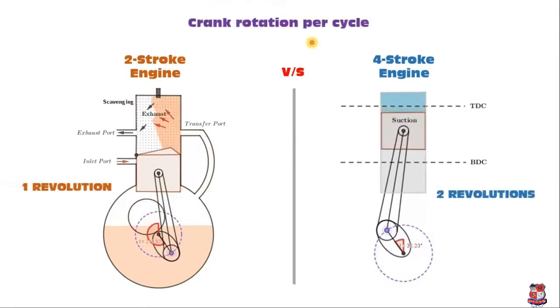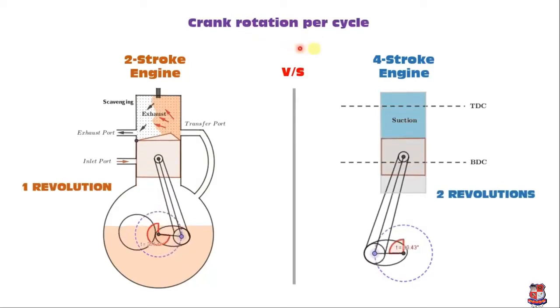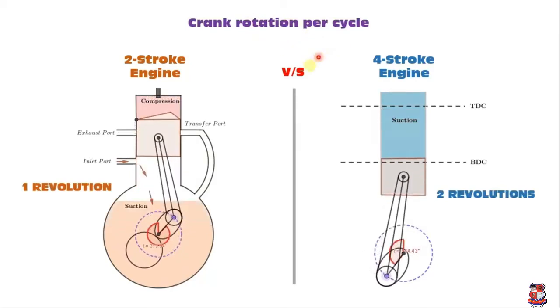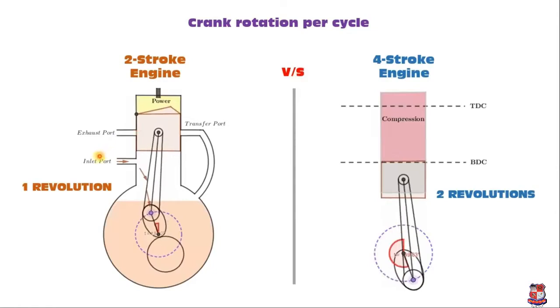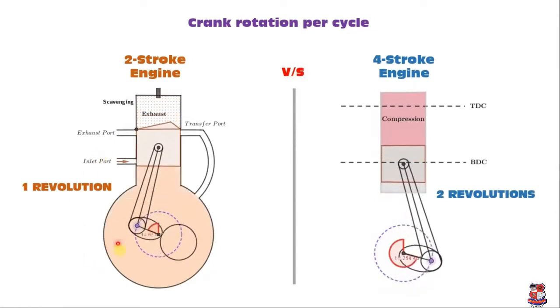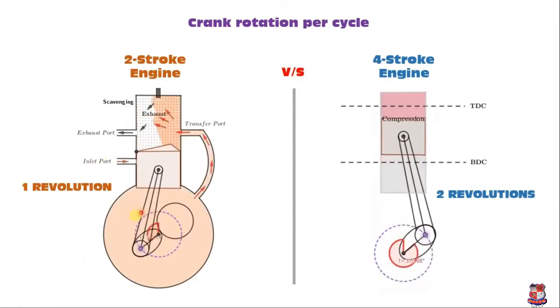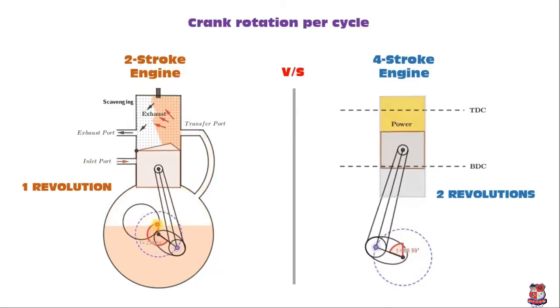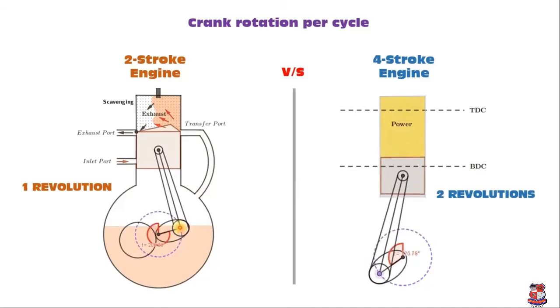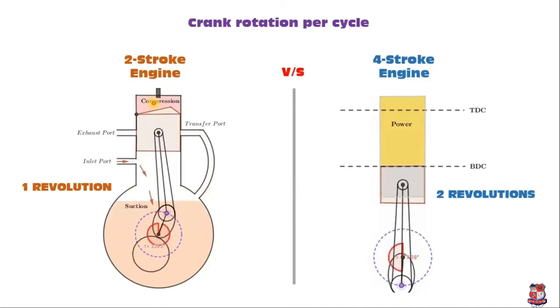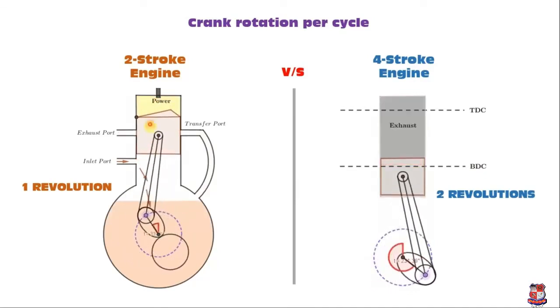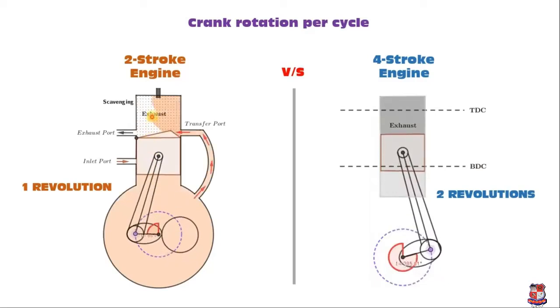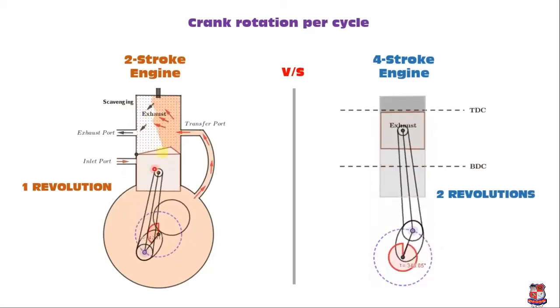Now based on crank rotation per cycle, means to complete the cycle, how much rotation the crank is going to make. So in 2-stroke, we know that piston is moving 2 times, means 1 time down and 1 time up, and in that movement the cycle is completed.